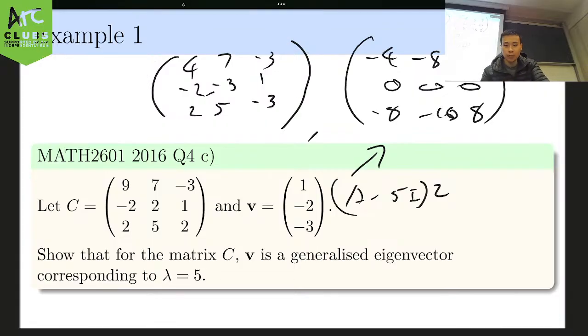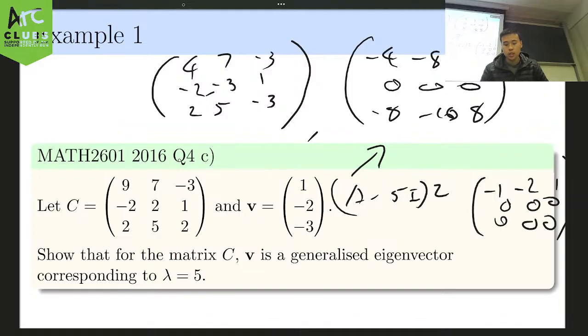So for this one here, I have to find the kernel of that. The bottom is just a multiple of the first. So let's just divide by 4, with a bunch of zeros here. And then again, find an eigenvector of that. Is this right? Wait.